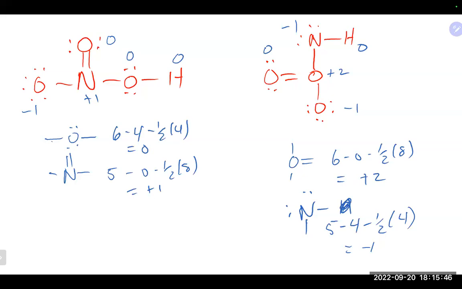Yeah. Which one would be better? The better structure would be the guy on the left here, right? Mostly zeros. The advantage of the guy on the left is between nitrogen and oxygen, they're both 1s, right? The more electronegative element between nitrogen and oxygen is oxygen, and the guy on the left is carrying a -1 charge, right? The more negative formal charge, so that's good.